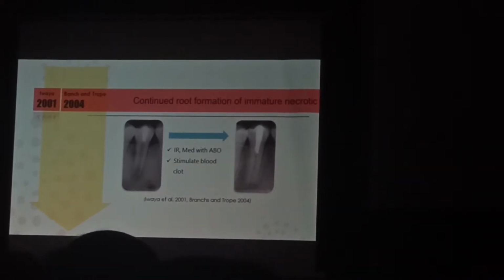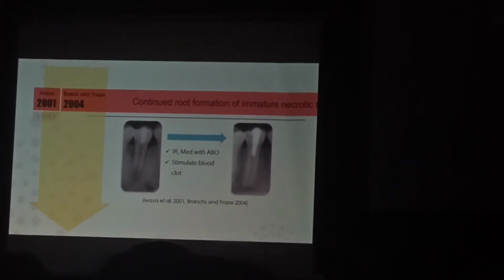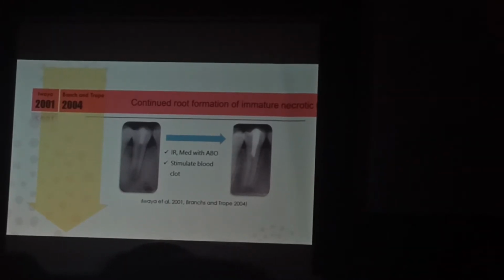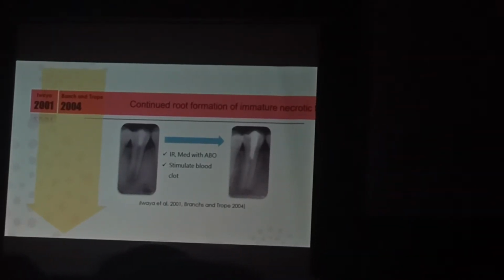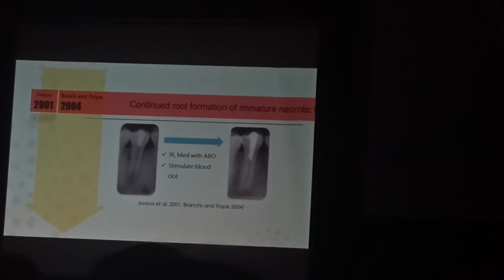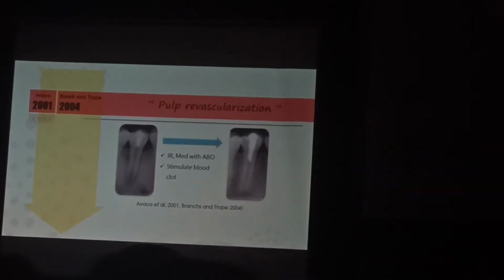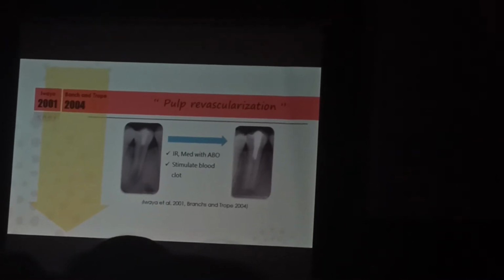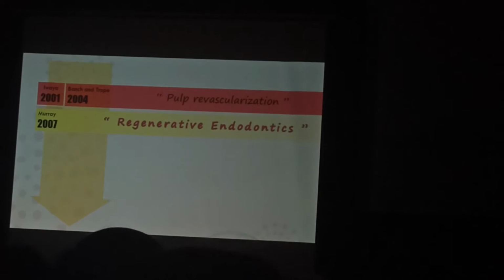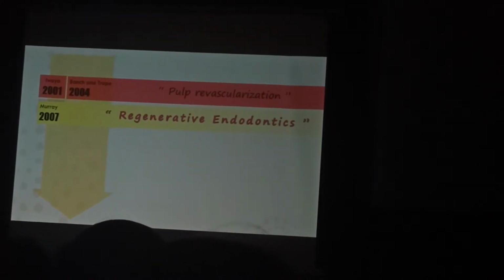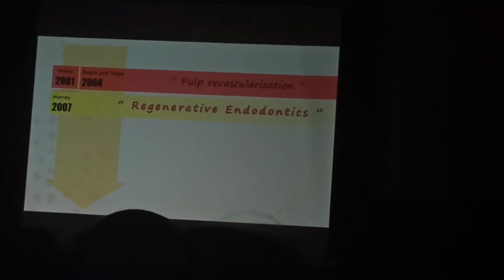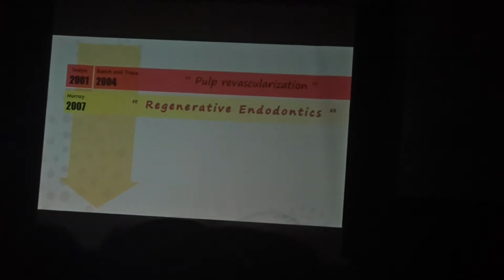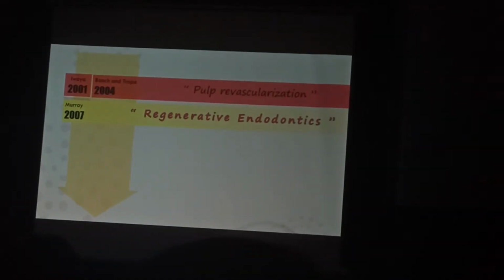At that time, Banchs and Trope introduced this technique and found that the tooth can continue to develop after necrosis occurred. At that time, it was called pulp revascularization. After that, the term changed to regenerative endodontics because it covers a broader area of interest.